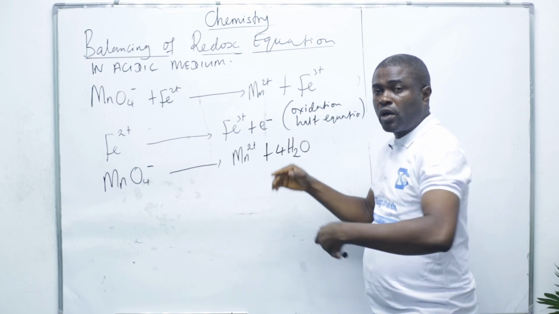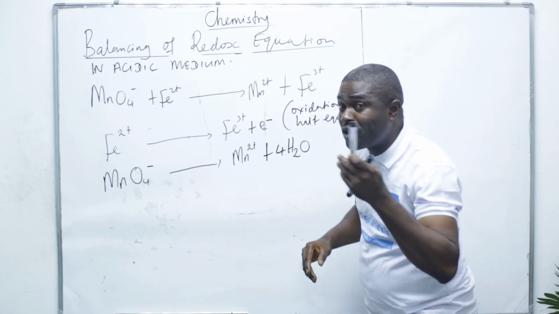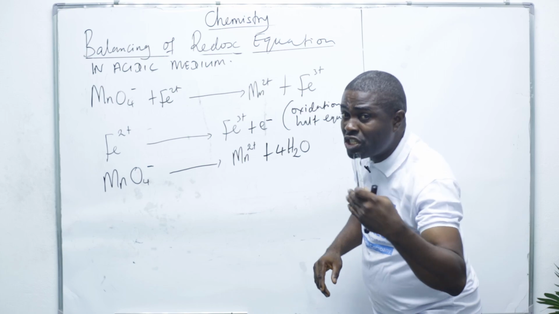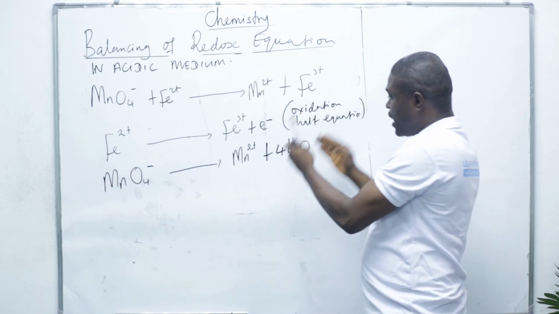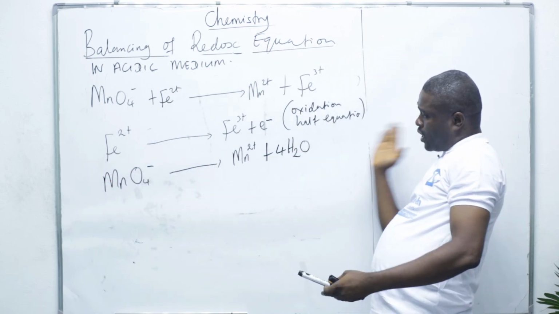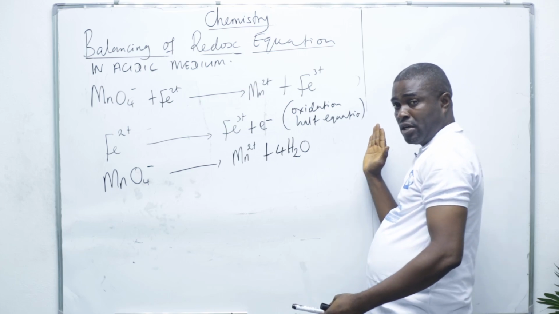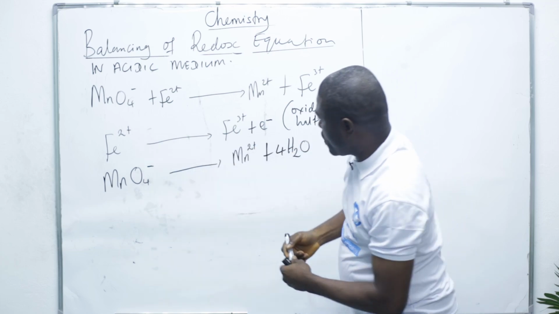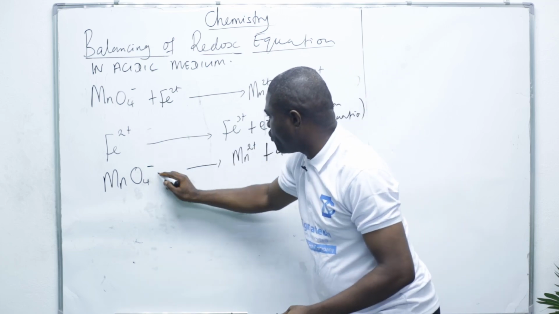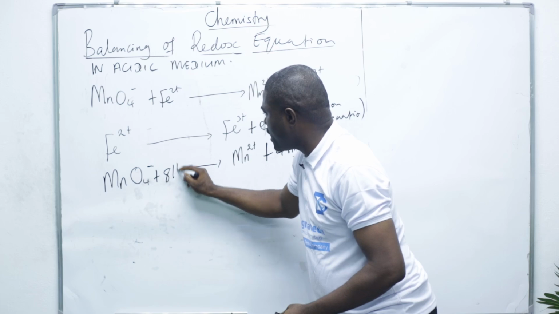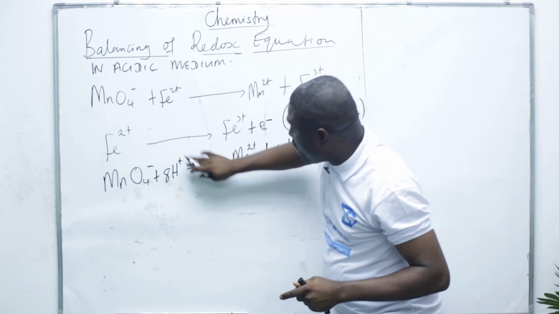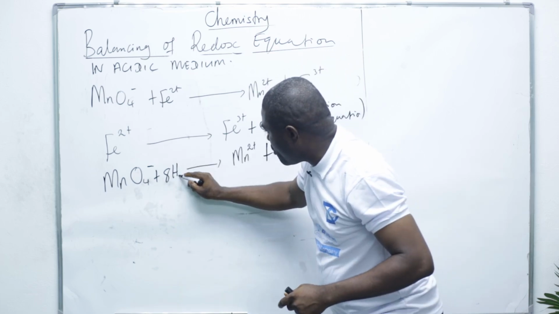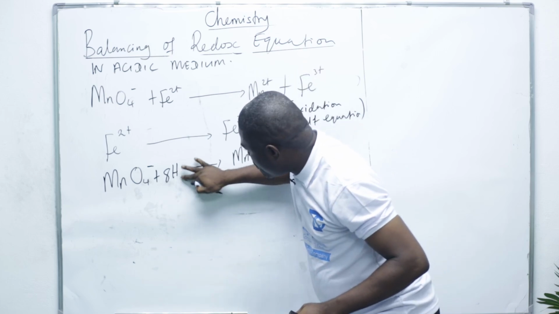What does that mean? You are going to put 8 hydrogen ions, not ordinary hydrogen molecules, on the other side, because the 8 hydrogen atoms are already at my right-hand side. So on this side you now have plus 8H+, the ion of hydrogen.